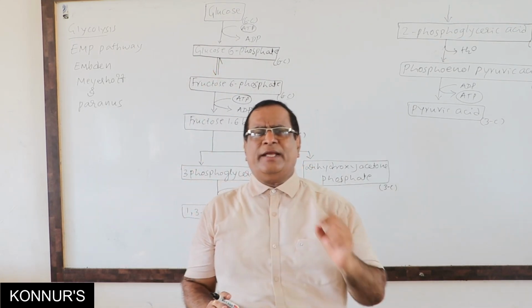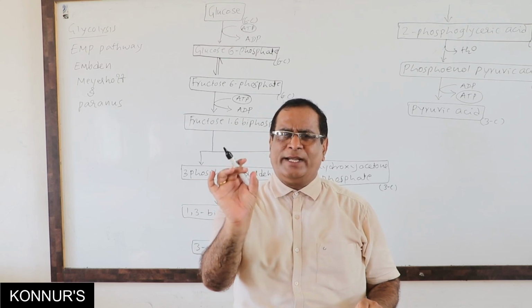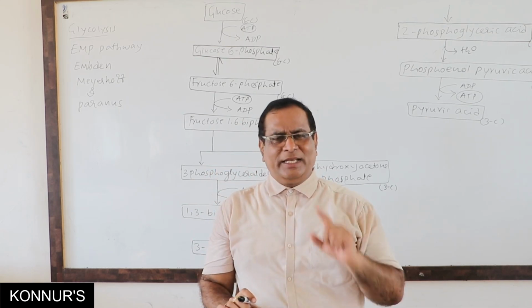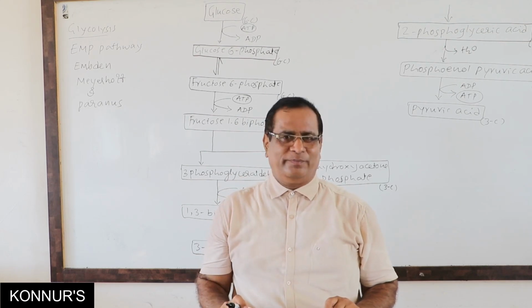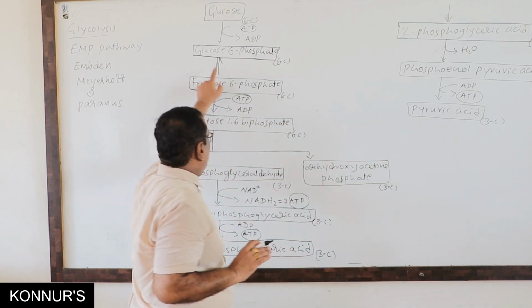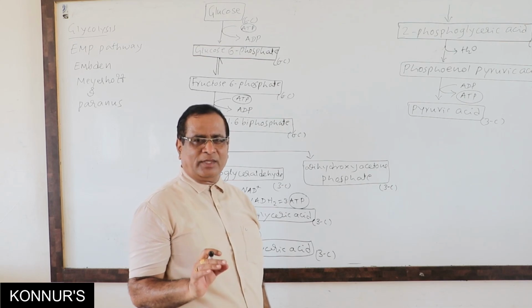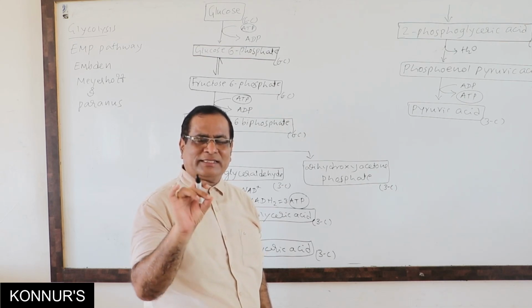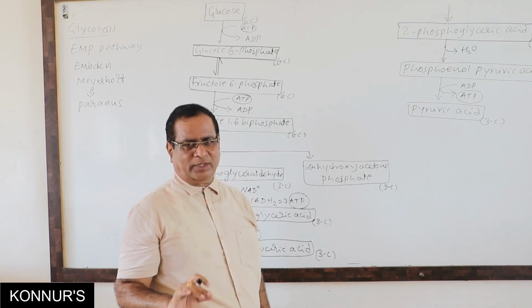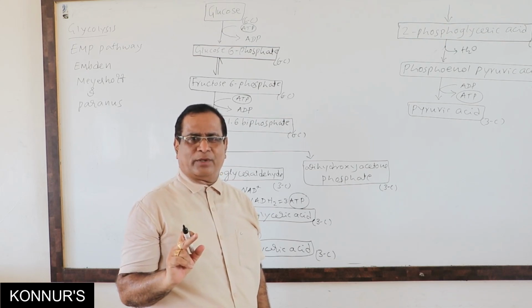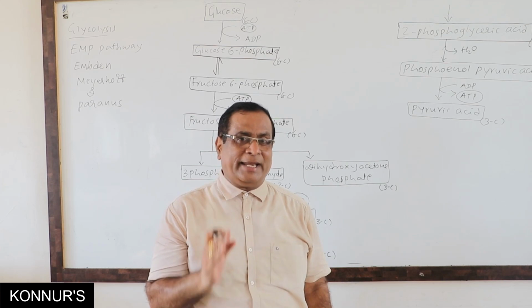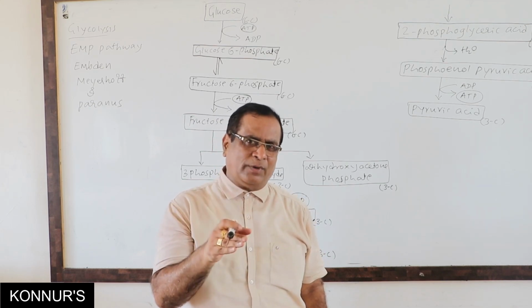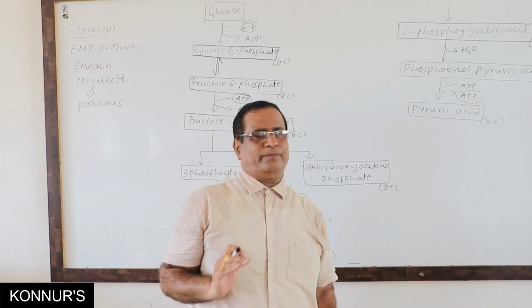In any organic compound, when the phosphate group comes, it is always attached to the last carbon. Here we have written glucose 6-phosphate, which means it is attached to the 6th carbon of glucose. In any organic compound, a single phosphate group is attached to the last carbon of that compound.